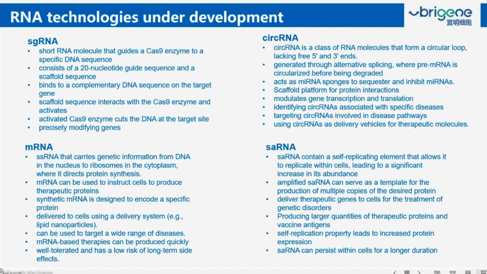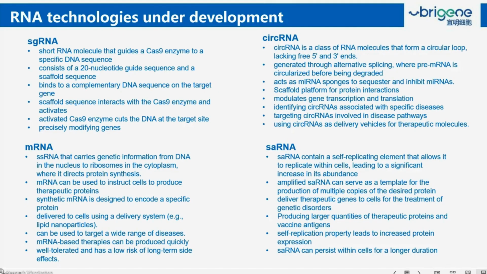These RNAs can be delivered to cells using a variety of delivery systems, including lipid nanoparticles, and can be used to treat a wide range of diseases. And obviously, our clinical experience with the COVID vaccines is they can be produced very quickly. And to date, they're well tolerated and have a low risk of long-term effects.